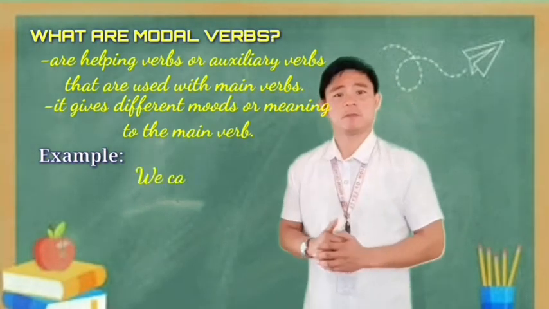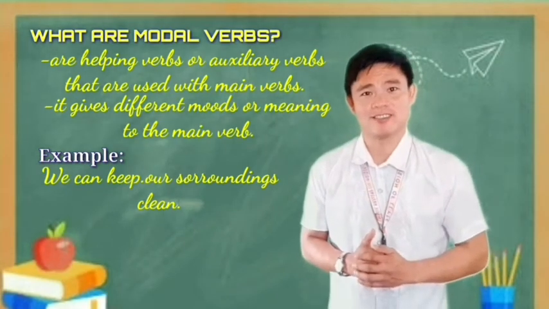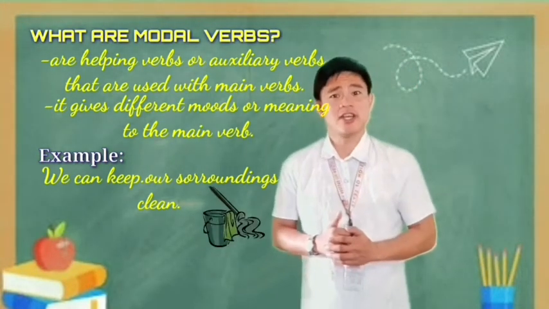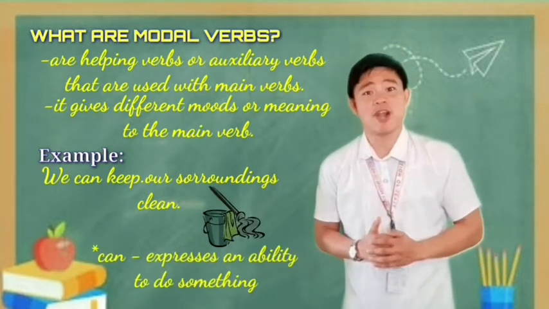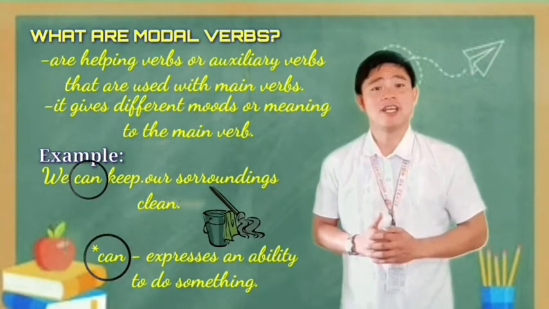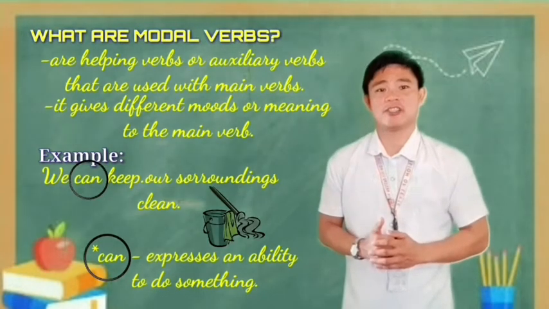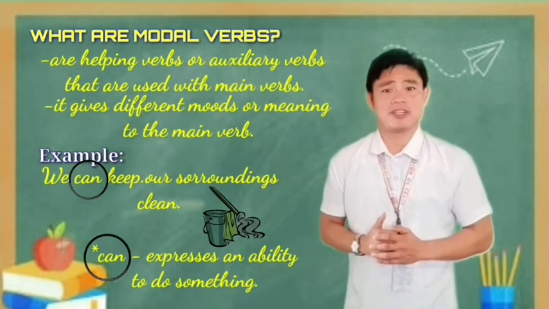For example, we can keep our surroundings clean. In this, the speaker is expressing an ability to do something. The modal verb can expresses an ability to do something.